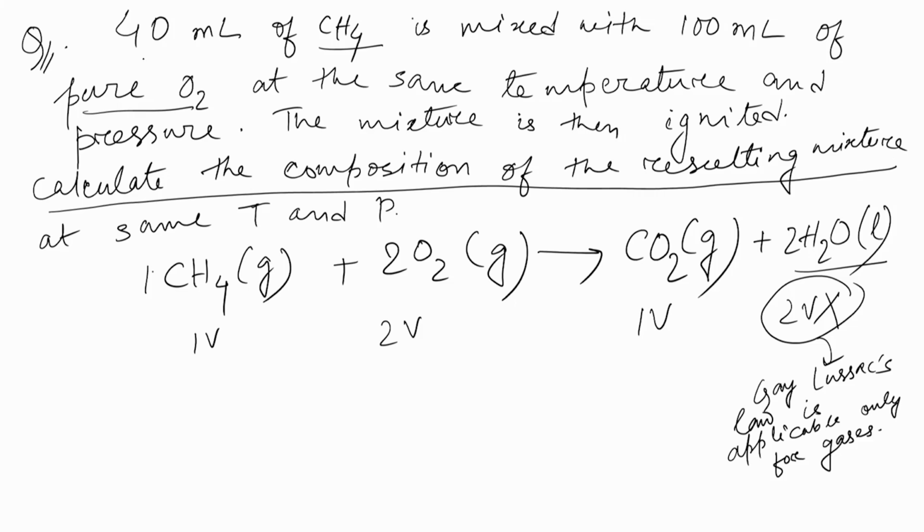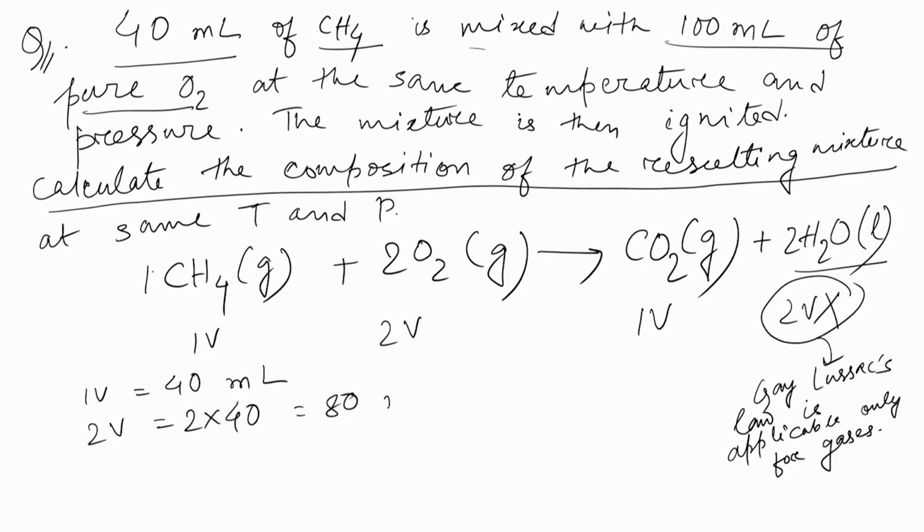So let's say 40 ml of methane is mixed with 100 ml of pure oxygen. Now 40 ml of methane, that is 1 volume, is equal to 40 ml. So by this equation, 1 volume of methane should mix with 2 volumes of oxygen. Now if 1 volume is equal to 40 ml, then 2 volumes will be equal to 2 into 40, that is 80 ml. So in this reaction, 80 ml of oxygen will participate.